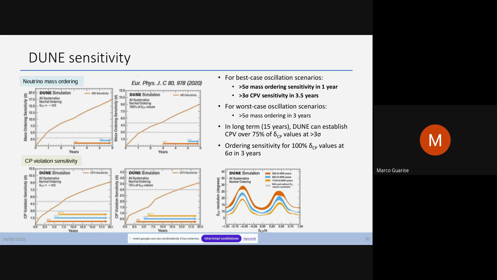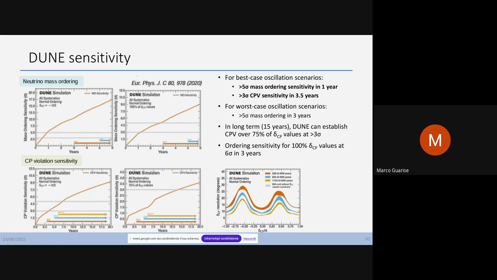3 years, let's say. Instead, related to the charge parity violation sensitivity, also here, in the best case, in 3 years, we will be able to have a sensitivity at 3 sigma.